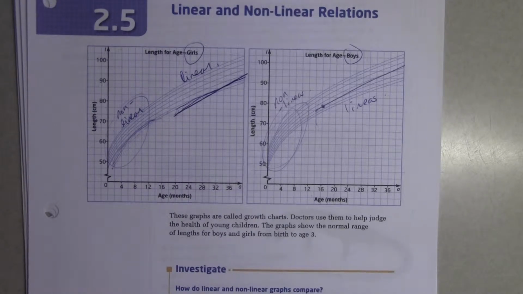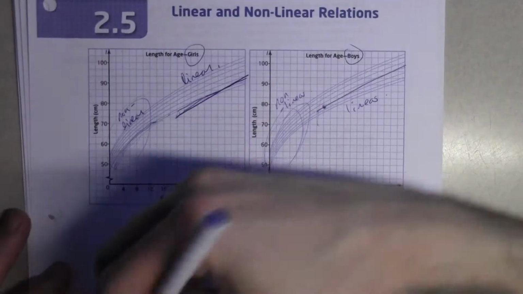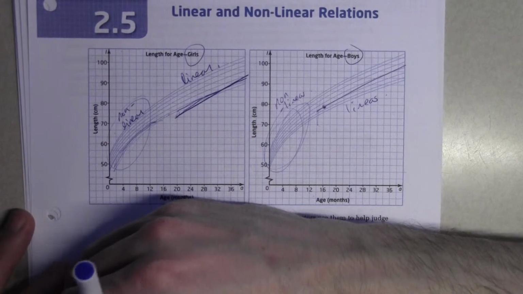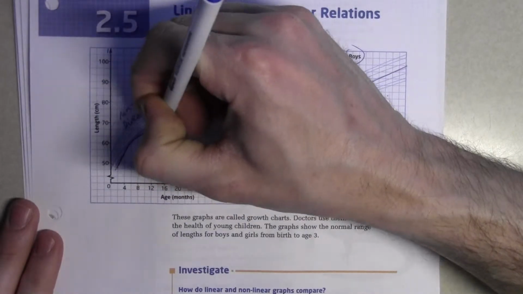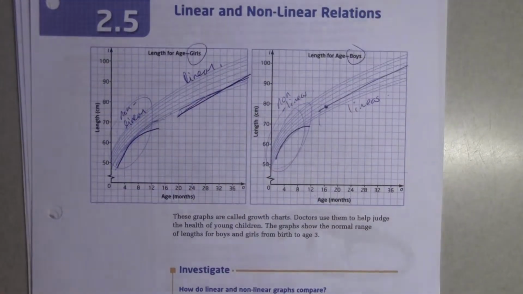Like the trend is showing. It's right here. It's a straight line. That's what we're looking for, okay? If it's linear, it just means it's going straight, okay? If it's curved, Matthew, you know the difference between a curve and a straight line, right? This is curved, exaggerating it, and that's a straight line, okay? That's what you need to know.